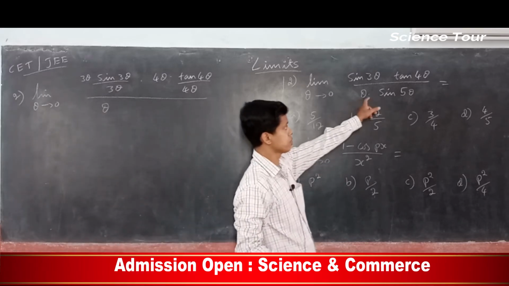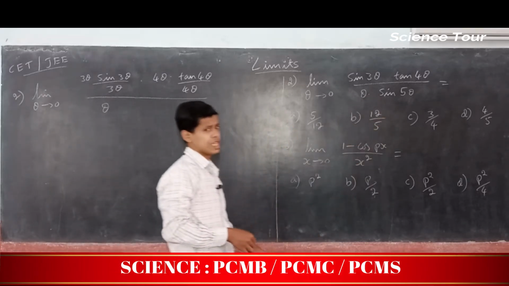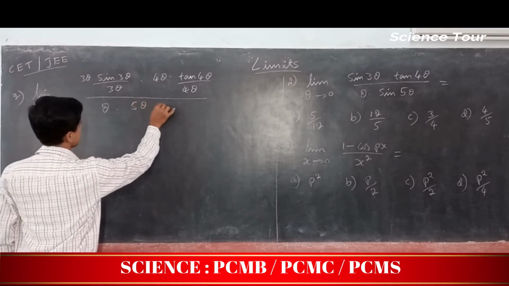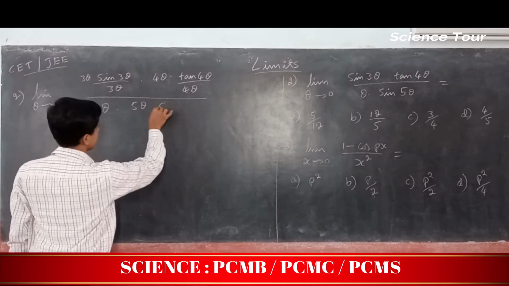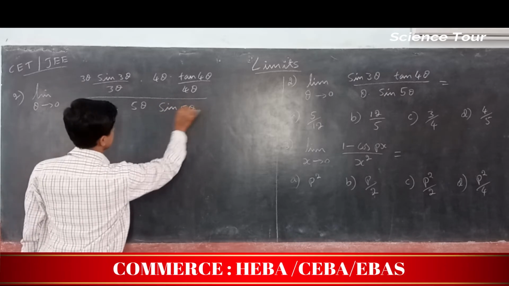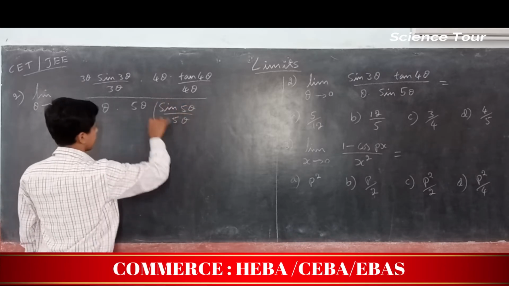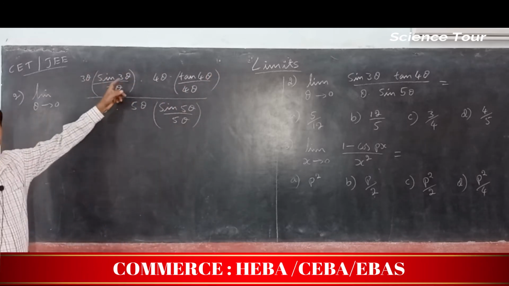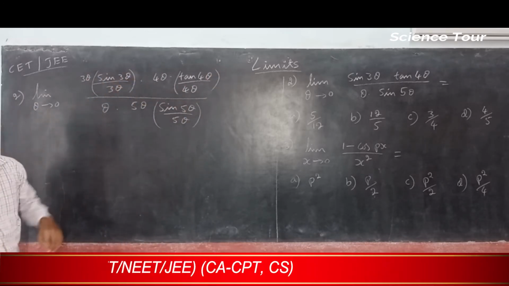Let us not disturb that. And sin 5 theta you have, therefore multiply by 5 theta and then divide 5 theta. So, these two groups will be equal to 1 when you apply the limit.